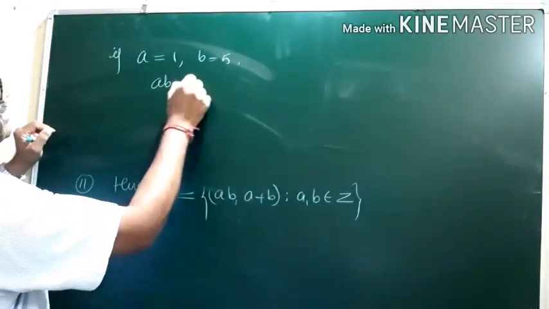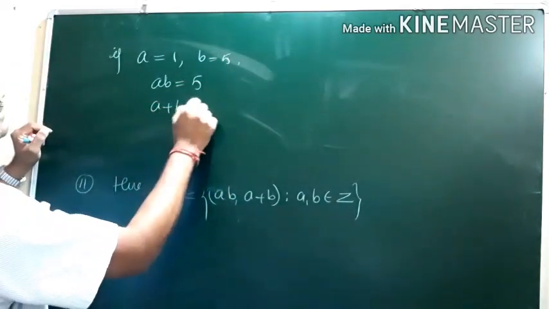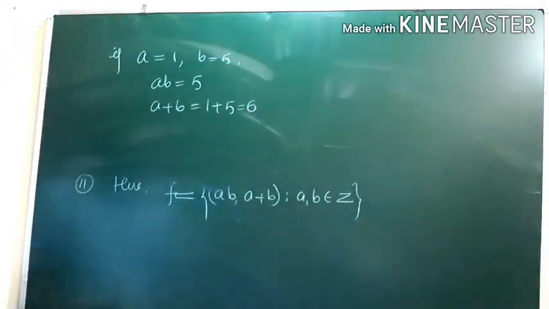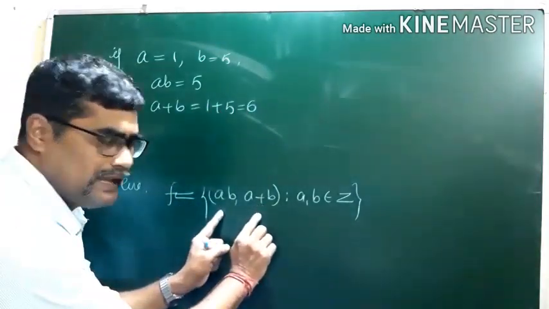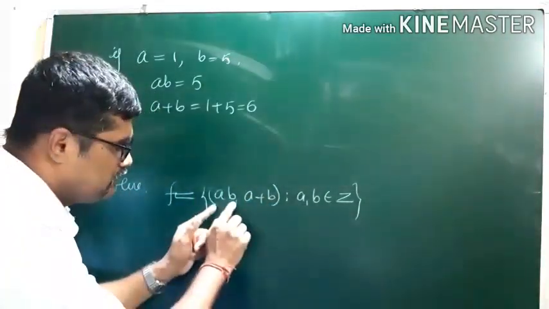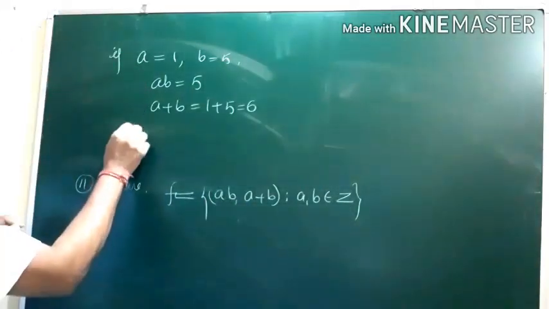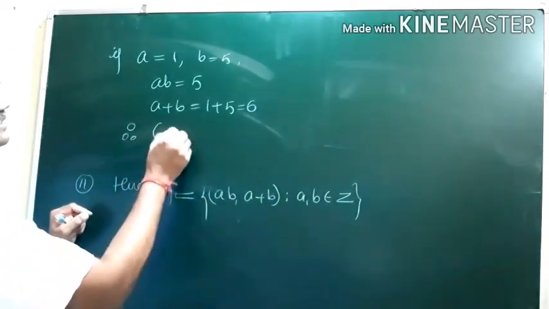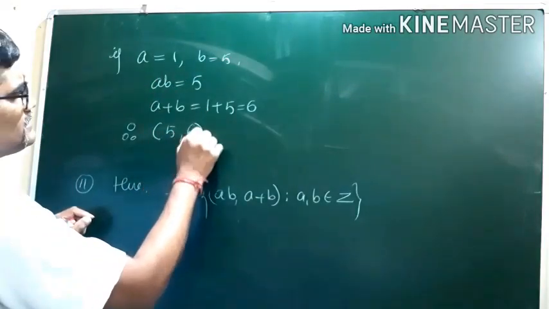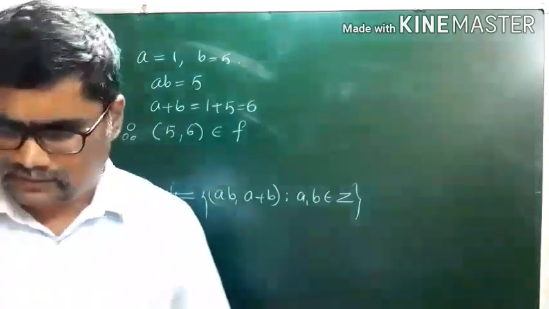Then what will be ab? 1 into 5, 5. What is a plus b? 1 plus 5, 6. Now this rule you see: any two integers a, b you pick up, ab will be in the first place and a plus b will be in the second place of the ordered pair. So I can follow that instruction to say 1 into 5, that is ab, and 6, this belongs to f. Perfect? Okay.